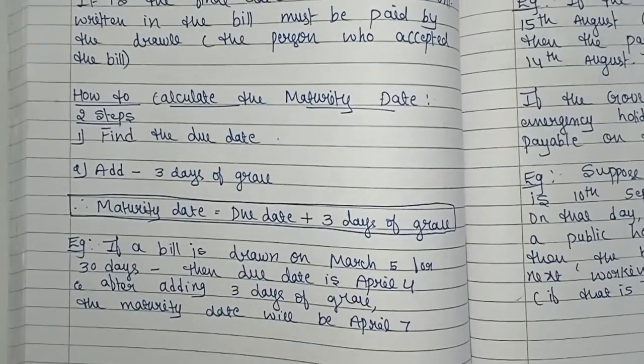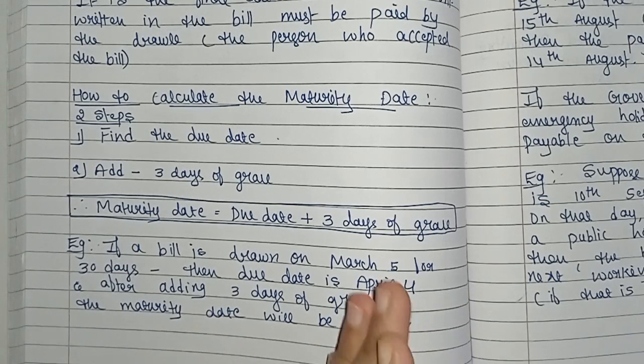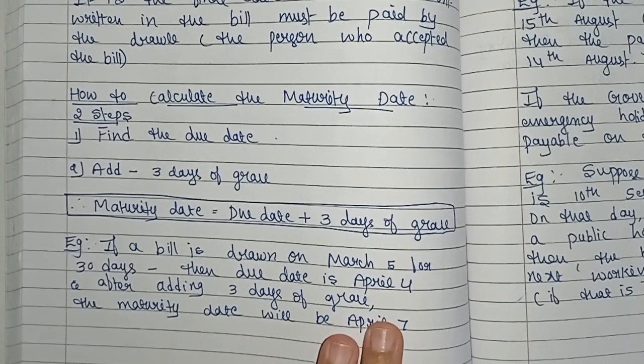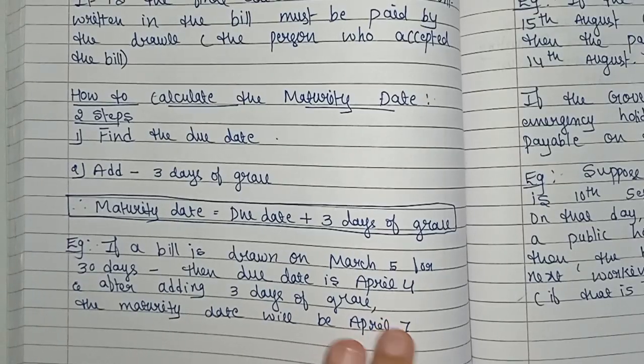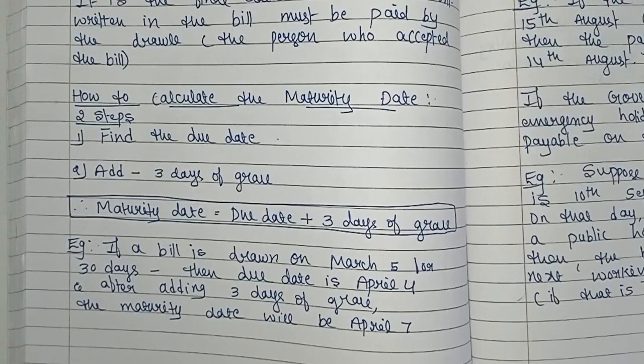So the drawee in bill of exchange and the drawer in promissory note must make the payment on April 7th, because that is the legal date of maturity, the day when the bill becomes payable. I hope this is clear to you all.